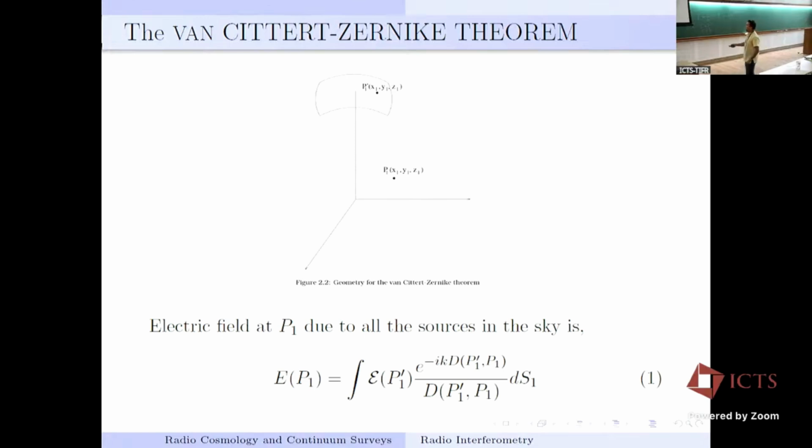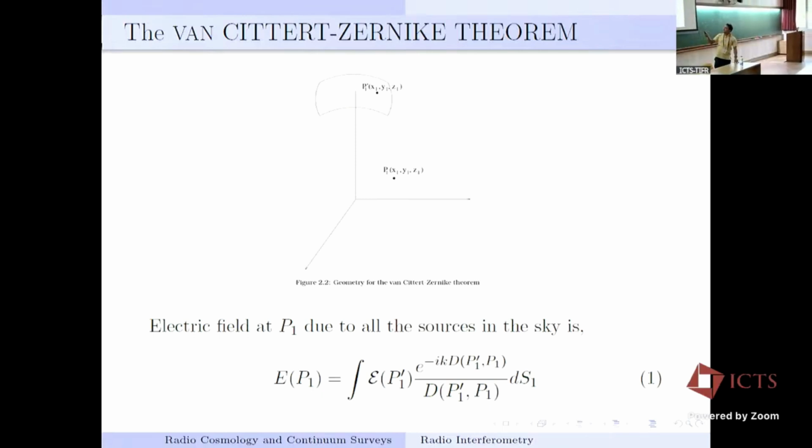R is the distance between this point and this point. So the electric field you will measure over here is effectively the electric field at point P1 prime divided by the distance between P1 prime and P. This is fine, correct?